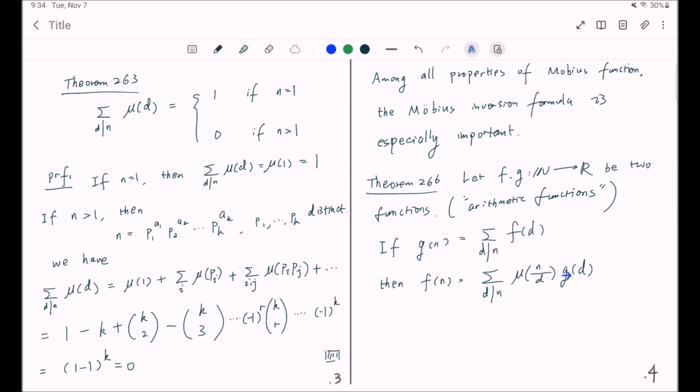And you can also write this so-called convolution in another way, by summing up over all divisors d of mu of d times g of n divided by d. You can easily see that these 2 sums are equal.